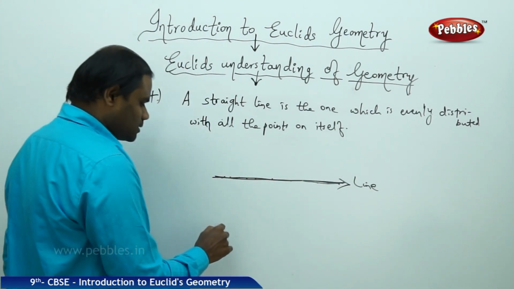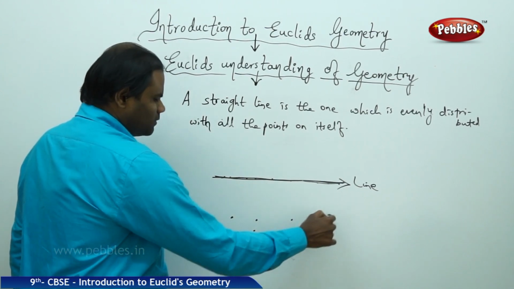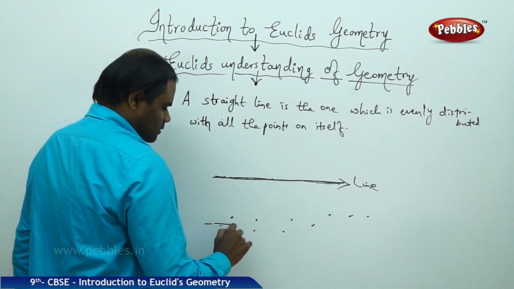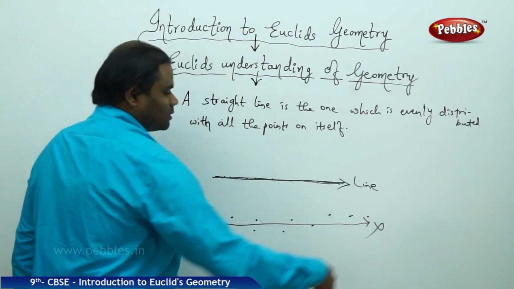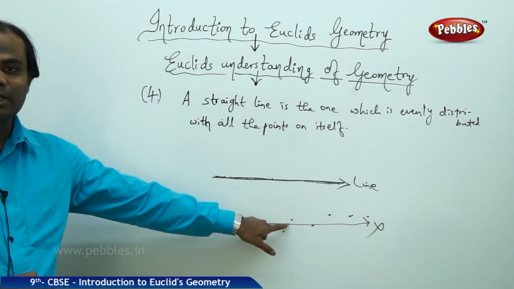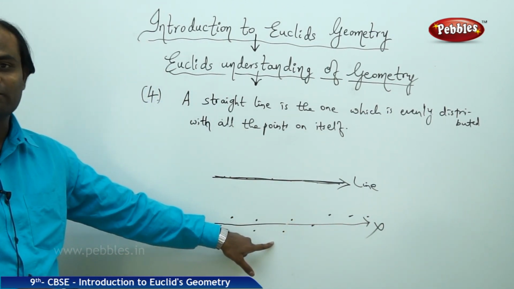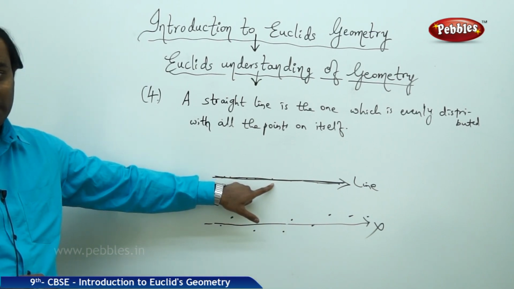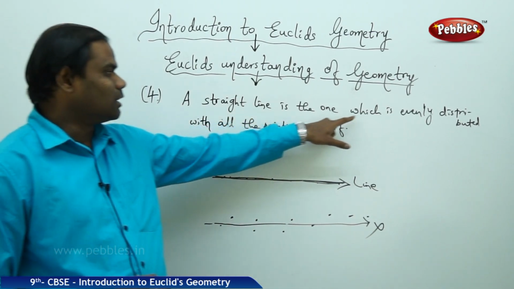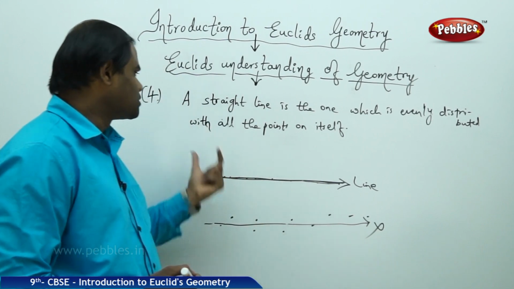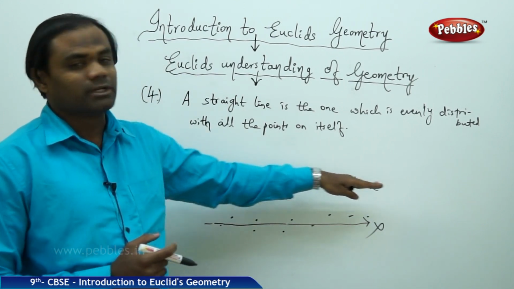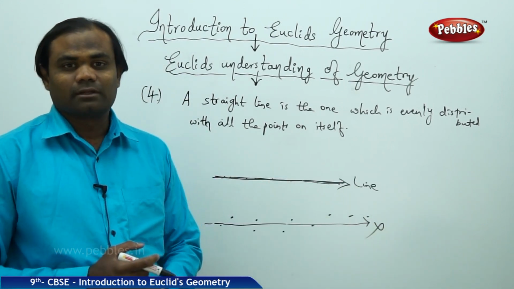If the points are unevenly distributed, then the line cannot be passing through that. According to Euclid, this does not define a line, but this defines a line, because the one which is evenly distributed with all the points on itself is a line.